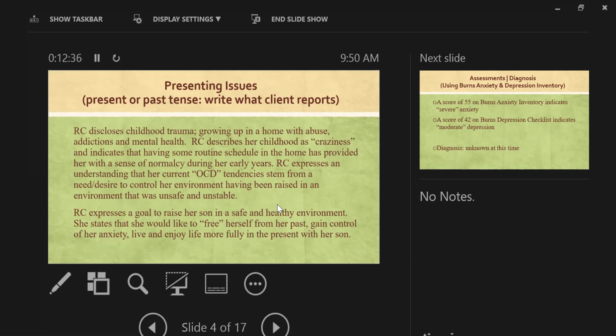So I do add what the clients say, but if you look from the outside, it's all about what she says. So you can use words like states, indicated, disclose, express, report.